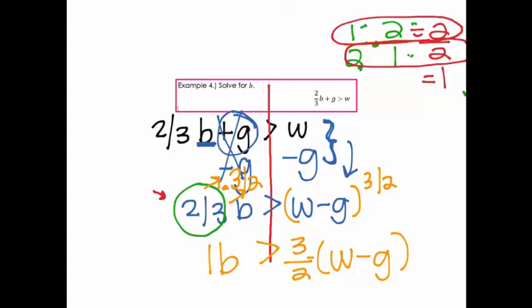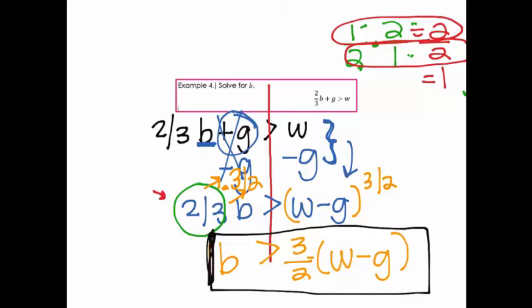Now, you don't really need a number in front of the variable. If it's a 1, it's implied. So I'm just going to box my answer here as b is greater than 3/2 the quantity of w minus g.